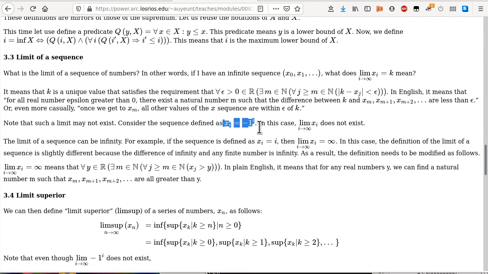Let me just pause here, because earlier I said let's make sure that we can relate the concepts back to the problem that we have, which is how do we describe the time complexity of an algorithm. So now the question is, what does a sequence have to do with the time complexity of a particular algorithm? What are we talking about here?